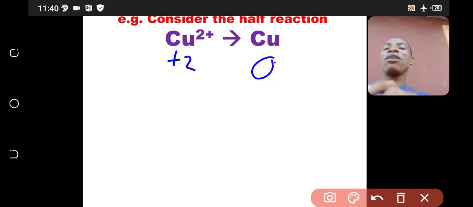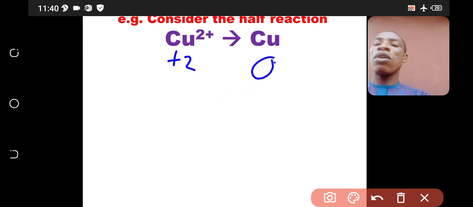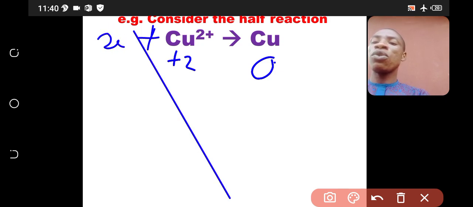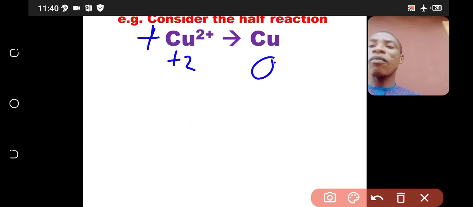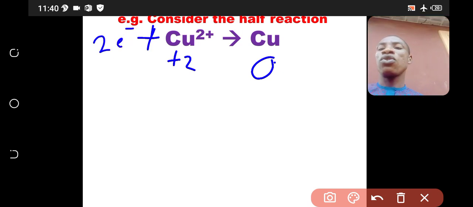So now the 2 plus is higher than 0. That means our reactant side is higher than the product side. So how many electrons are we going to add to the higher side, the reactant side? You say 2 minus 0, that gives us 2. So you add 2 electrons into the reactant side. That balances it.